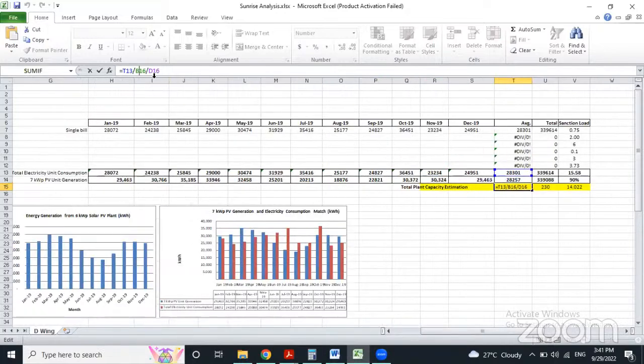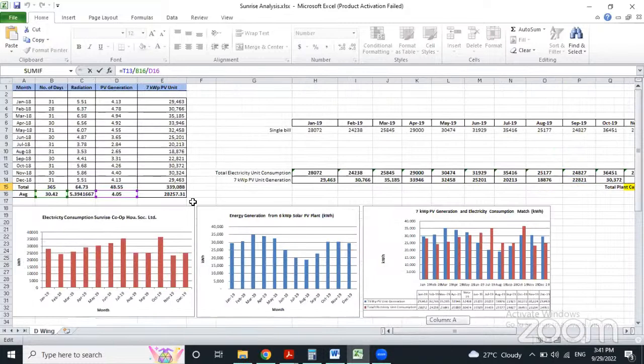Then divide it by D16. D16 is 4.05. This is your PV generation per kilowatt per day, or peak sunshine hours, or the radiation falling in India per square meter per day.